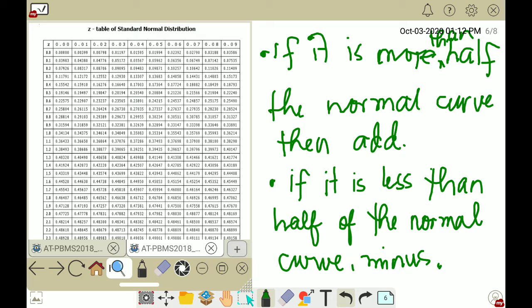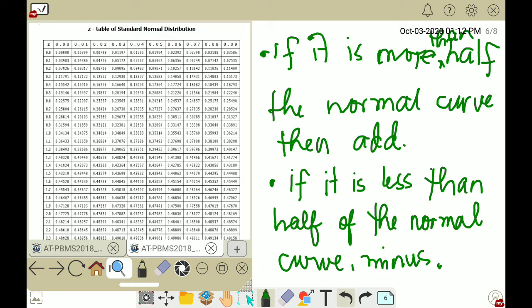But when we say at least, that means the value given is the least value. That only means all the remaining values that we have are more than, or greater than, the given value.